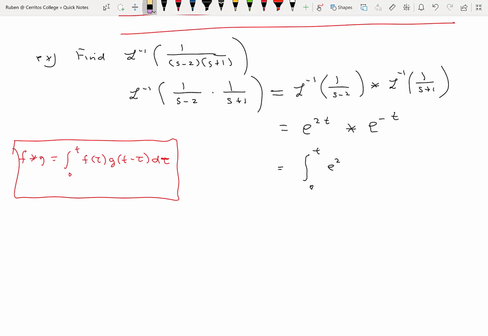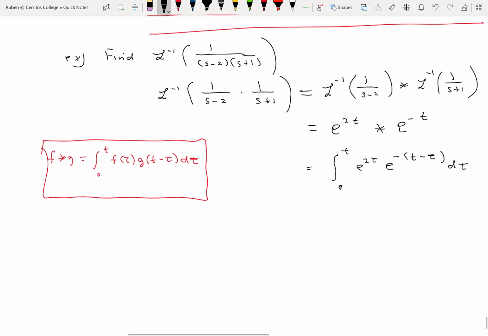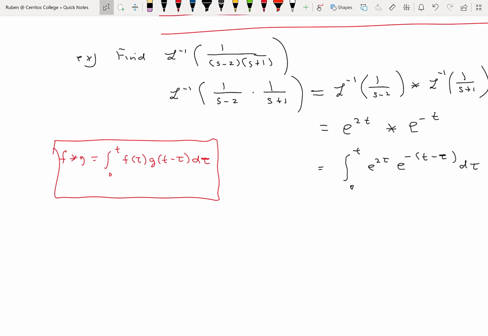Let me clean that up. f of tau is e to the 2 tau times g of t minus tau, e to the minus (t minus tau) d tau. This integral is not too rough. The toughest part about it is that we got to keep track of t's and tau's. They're not the same variable.